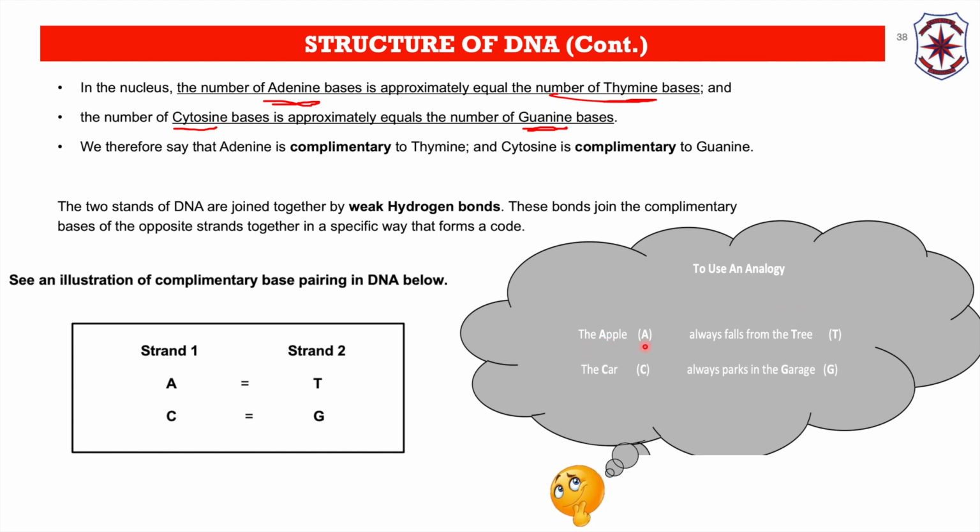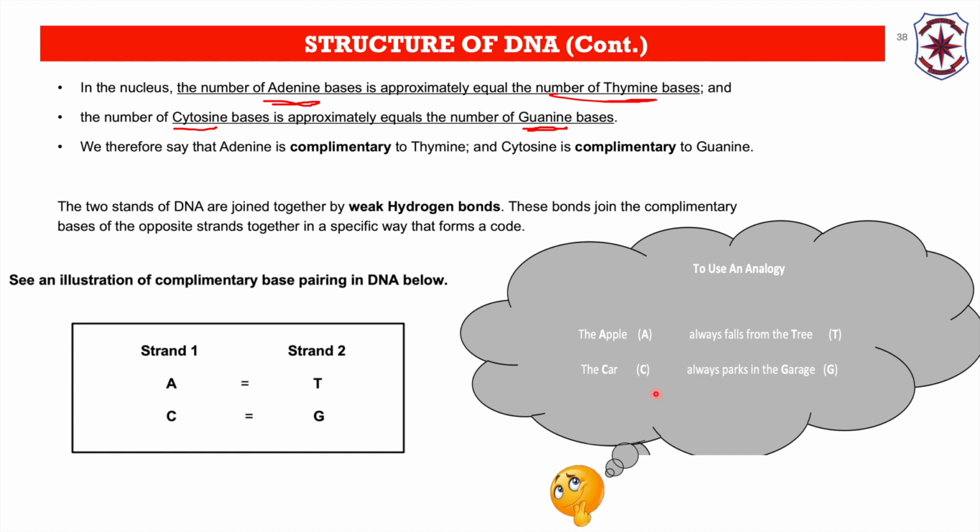The apple, A, which stands for adenine, always falls from the tree, T. Therefore, A, adenine, is always complementary to T, thymine.